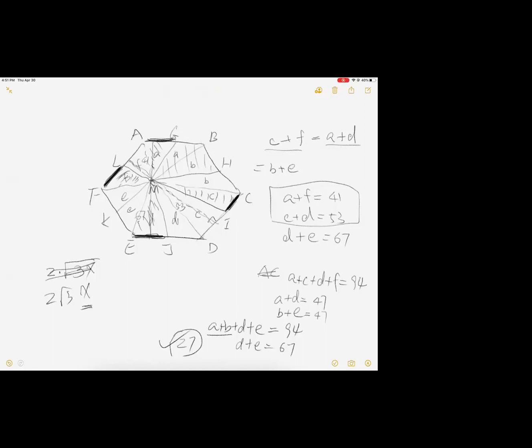Well, that's just showing that the height is always the same.